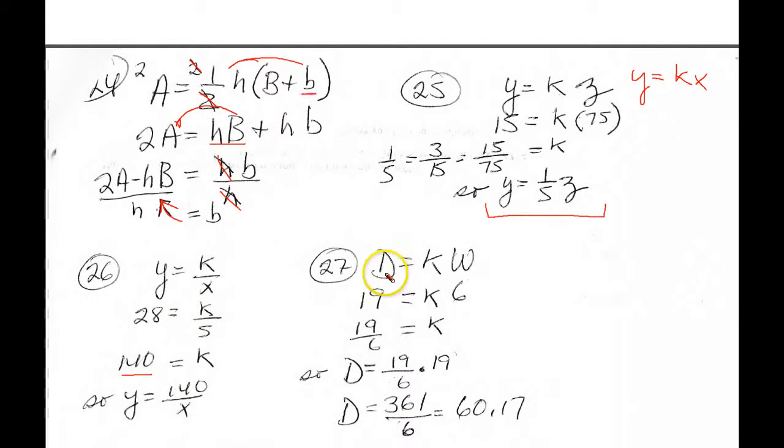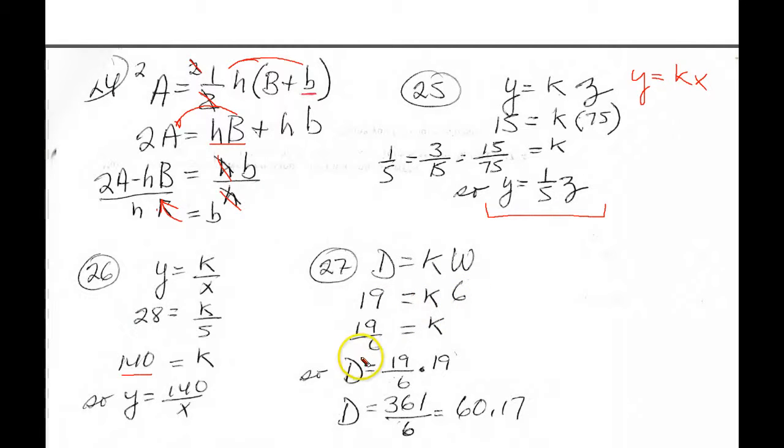And then here, this is distance equals some constant of variation times the weight. It's a direct variation. It stretches 19 centimeters when you have 6 kilograms of weight. What's your constant of variation?